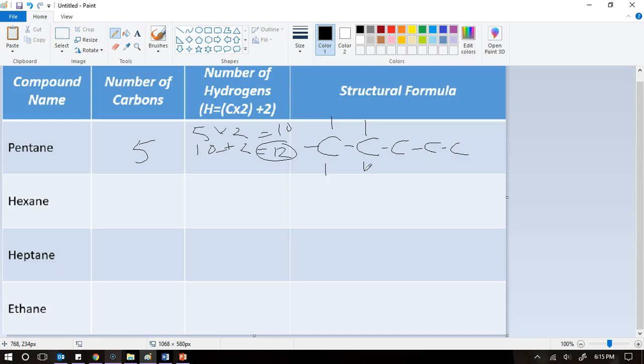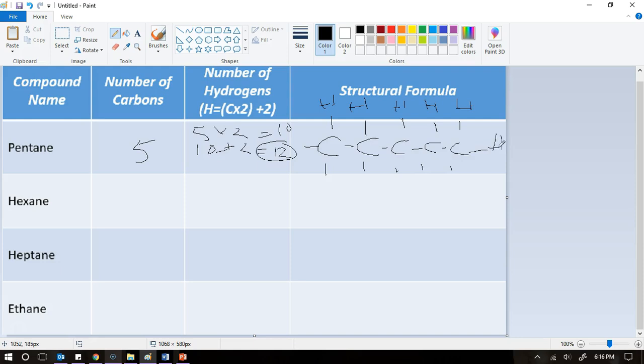Next one has 1 and 1, and then there's 2 connecting the carbons on either side of it. Same deal here, here, and then I've got 3 on the end. And each of those bonds then is going to get connected to a bunch of hydrogen atoms, I should say.